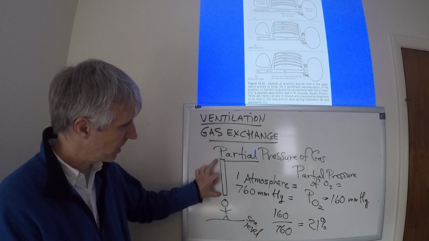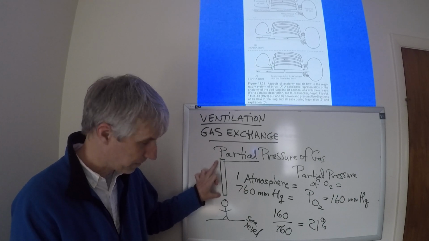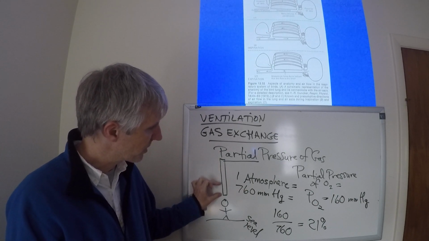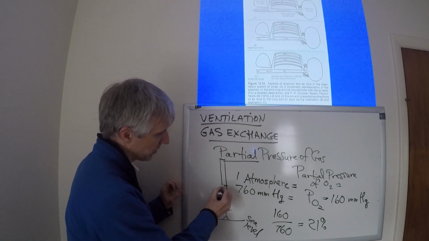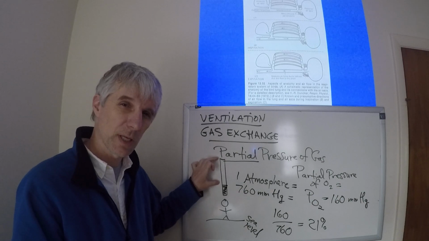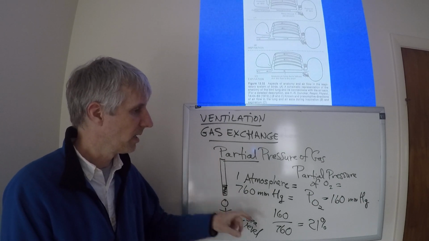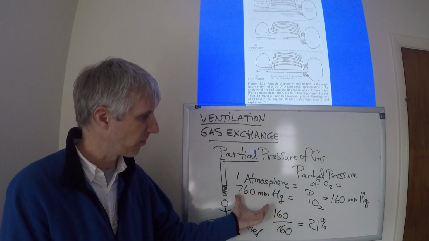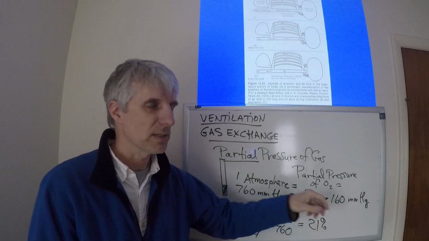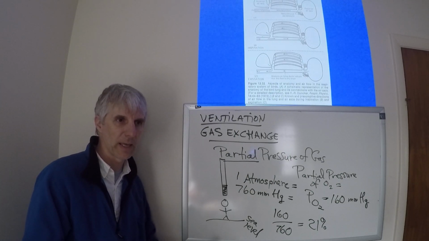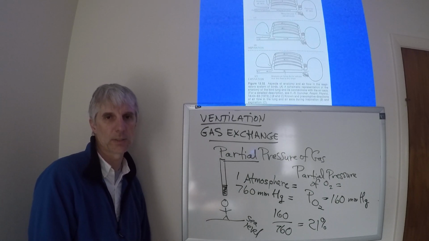So of this gas weighing down this person here, 160 millimeters of this pressure is due to the oxygen. The remainder is due to the other gases that are there. Since oxygen comprises 21% of the overall amount, it comprises 21% of the pressure that's generated by that total gas.